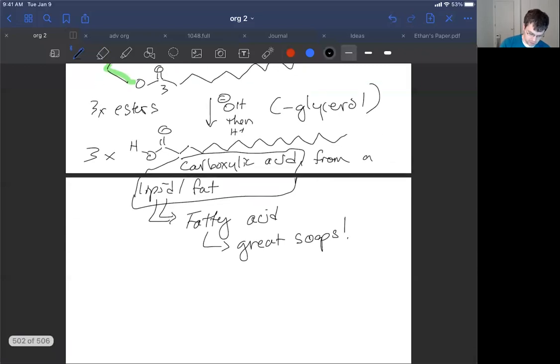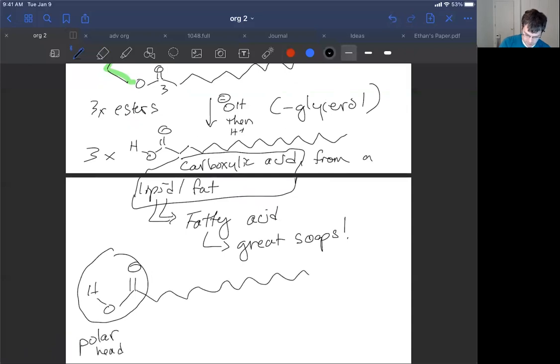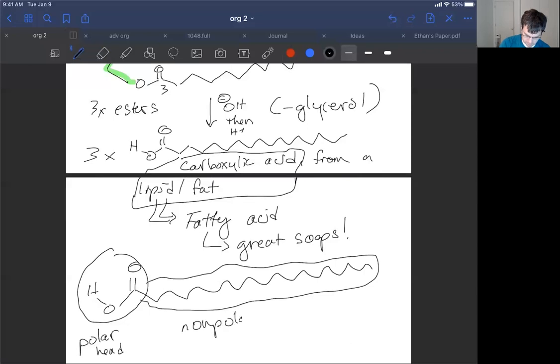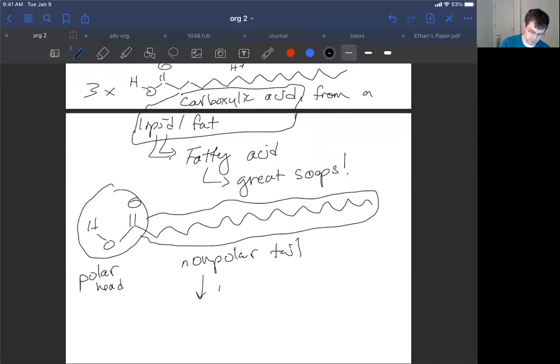Just to remind us from Organic 1, we have this polar head group, and then we have this non-polar tail. This mixes with water, and we get micelles, which can trap dirt and grime.